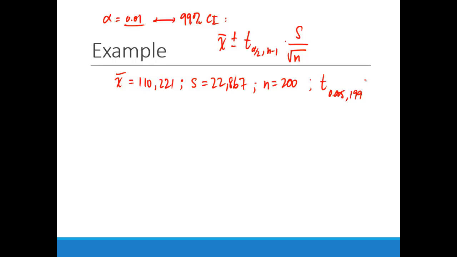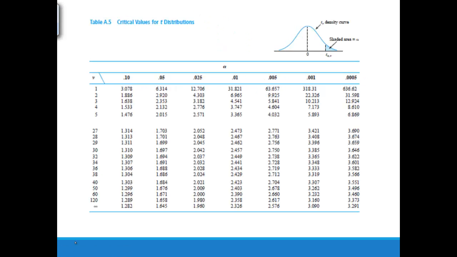And to do that, I can look at the table, which I did include this time. So again, I want T sub 0.005 and 199. The first thing you do is you look up your degrees of freedom in the first row on the left side here, and 199 is not there. So if you're going to use the table, what do you need to do? Round down, right? So we will instead use this, which is approximately equal, those will be about the same thing.